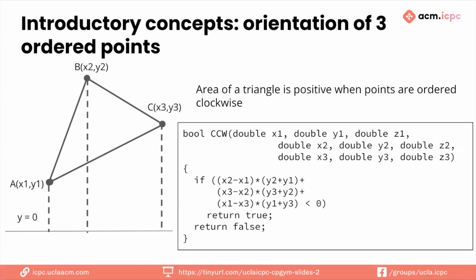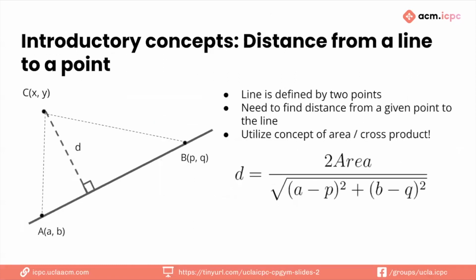All right. So one final introductory concept that can be useful. We are not going to talk more about it today, but something that is good to know is how to compute the distance from a point to a line. And here we can utilize the concept of area that we just learned.